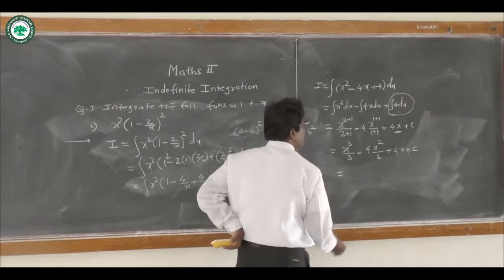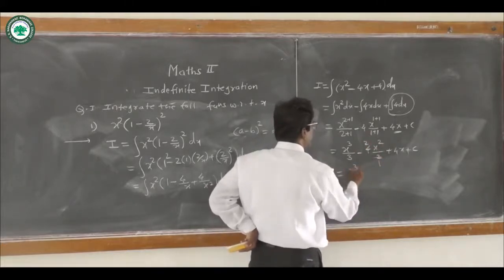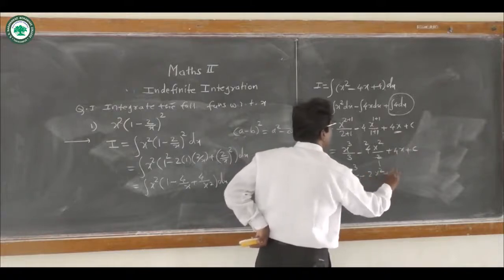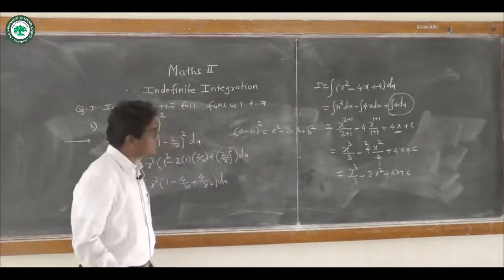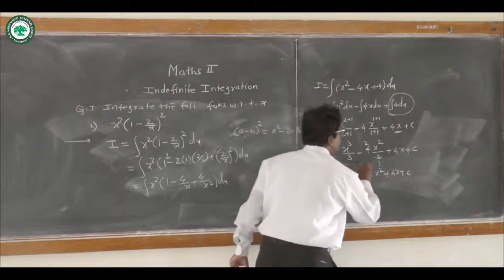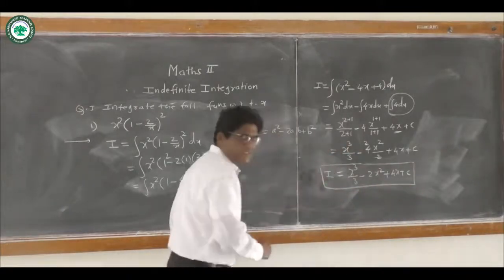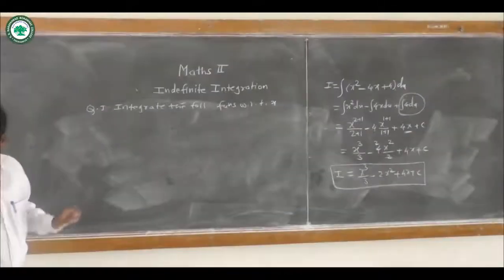So this is equal to, here 2 1s are 2 and 2 2s are 4, so x to the power 3 upon 3 minus 2x square plus 4x plus constant of integration, and this is the final solution. We get the final solution like this. Get it? Now take a screenshot and write it down. Second example here.